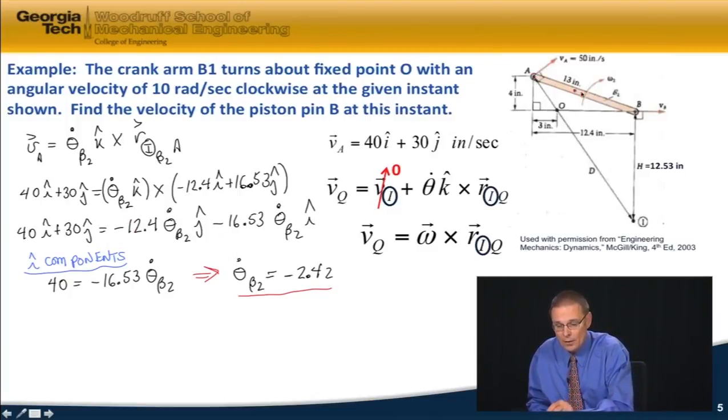We found the angular velocity of bar B2. Now, using that angular velocity in the IC, I can find the velocity for any point on bar AB.